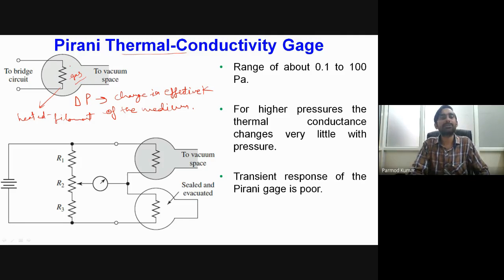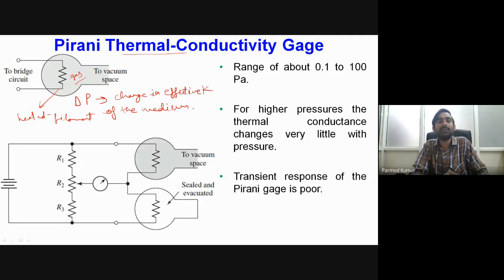Okay. So because of that, what will be happening? Initially, we will have a certain known value of the temperature of the filament, and after some duration of time, there will be a change in temperature of the filament. In other words, this portion of the gas will be taking the heat from the filament, and because of that, it will be heating.